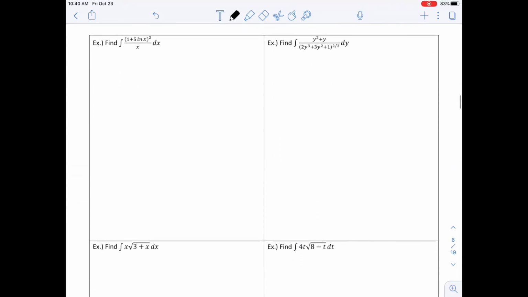So looking at the next example that we have, it says find the integral of (1 plus 5 ln of x) to the 2nd power all over x dx. So our inside function is that 1 plus 5 ln of x, and so I'm going to let u equal 1 plus 5 ln of x.